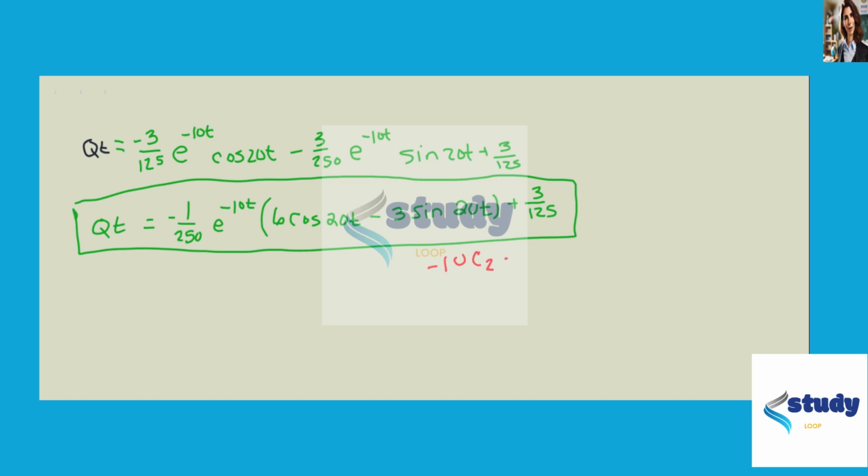So when I take negative 10 C2 minus 20 C1, I end up with 3/5. So my I of t equals 3/5 e to the negative 10t sine of 20t.